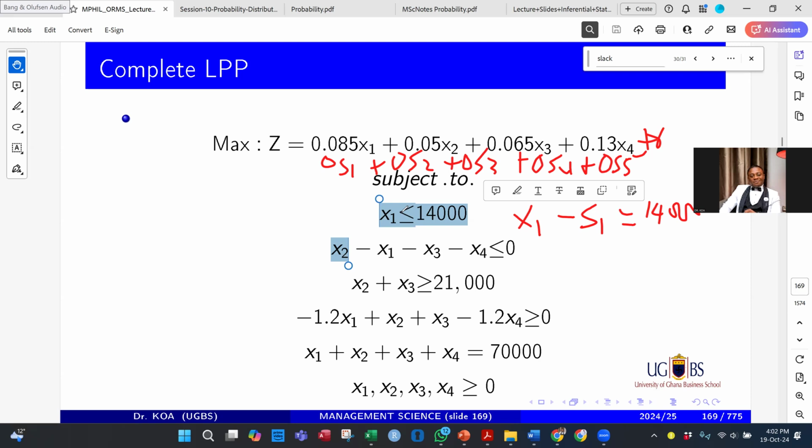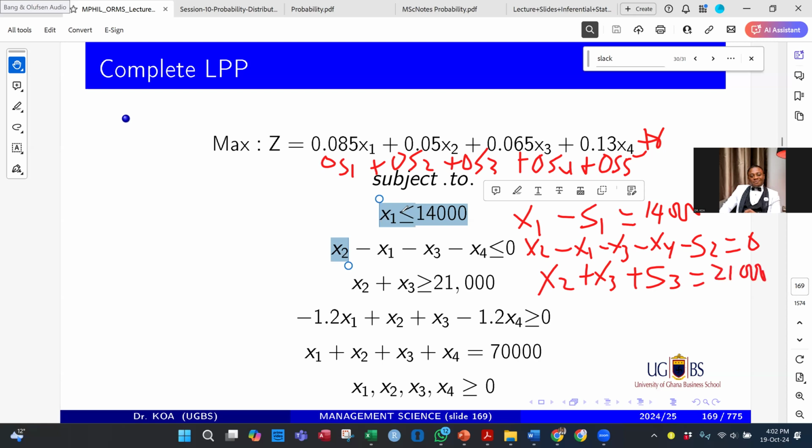The second one will be X2 minus X1 minus X3 minus X4. And because that one is less than or equal to, it also becomes plus S2, because it's constraint 2, and then you have equal to 0. Then the next one will be X2 plus X3. That one is greater than or equal to, so it becomes minus S3 equal to 21,000. I'm sure you can follow the rest, can't you?